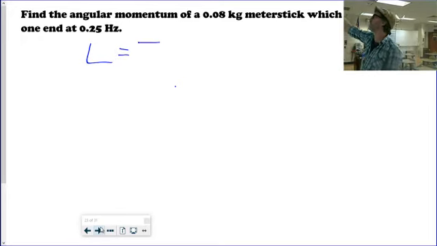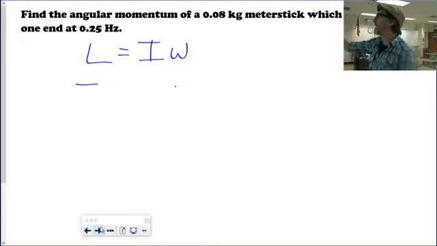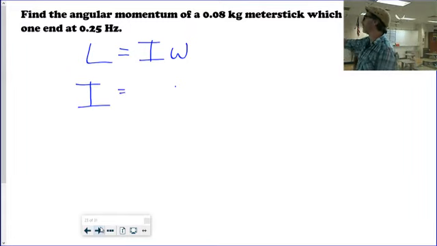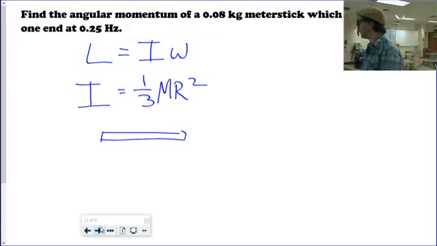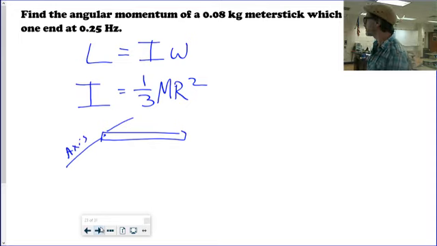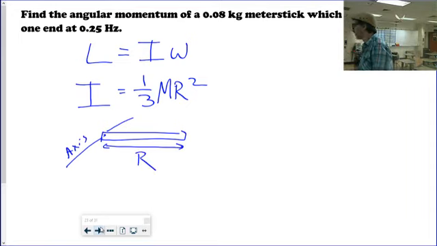So that's 0.25 rotations per second, right? So 1 second, 2 seconds, 3 seconds, 4 seconds. All right, so let's do it. The angular momentum of our meter stick is I times omega. I for a rod rotating about one end is 1/3 m r squared, where r is the length of the whole thing.